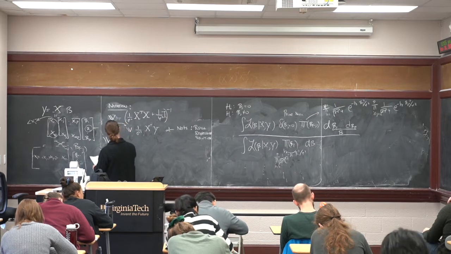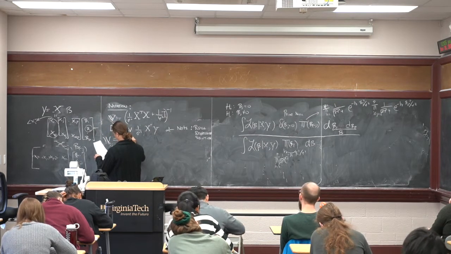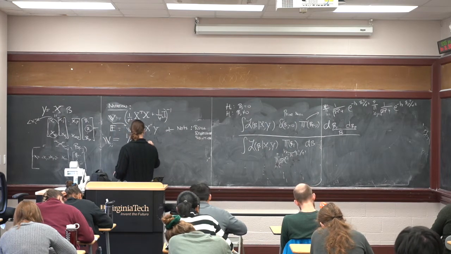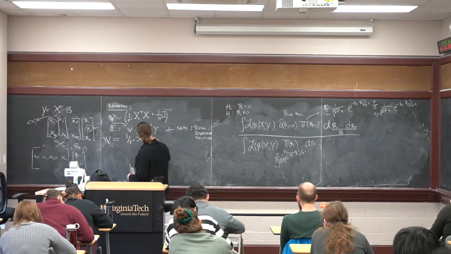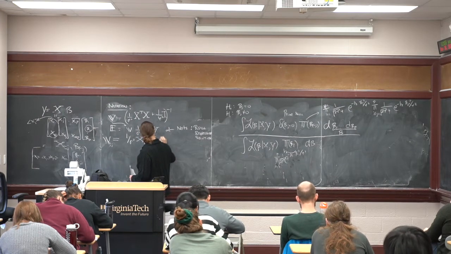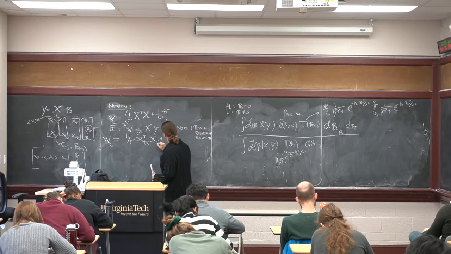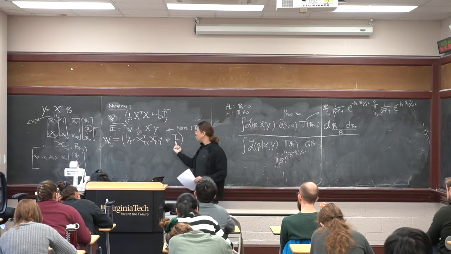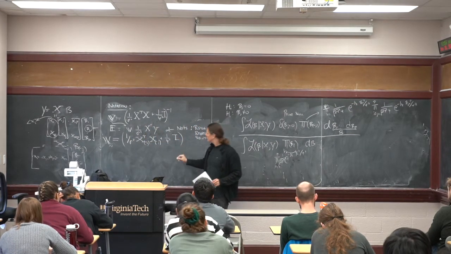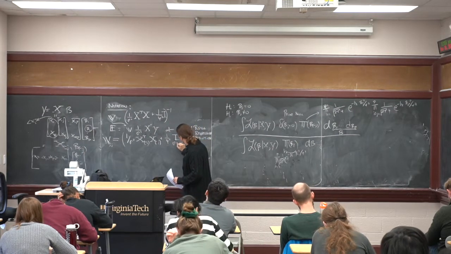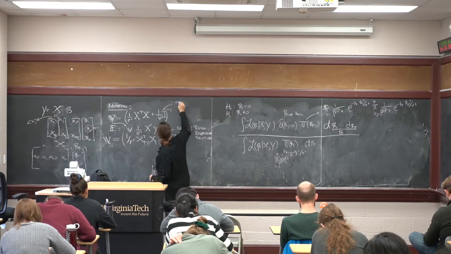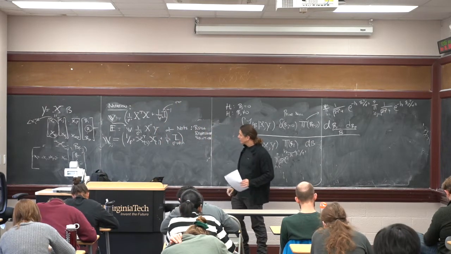This is going to be 1 over sigma squared X minus J transpose X minus J plus 1 over psi squared I. This I right here is P minus 1 by P minus 1. This one right here was P by P. So slightly different I's right there.